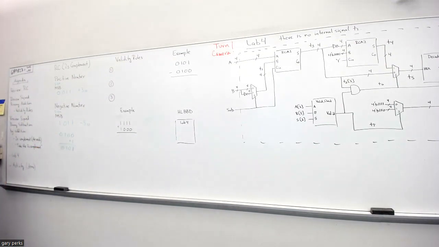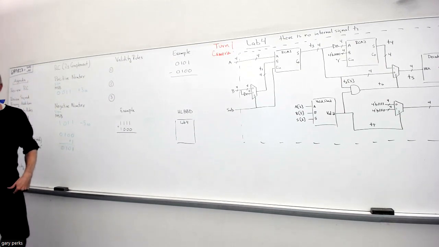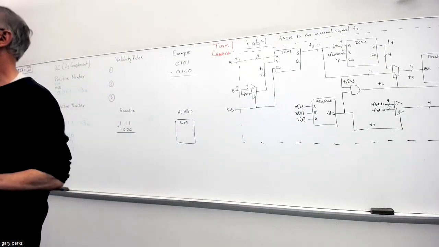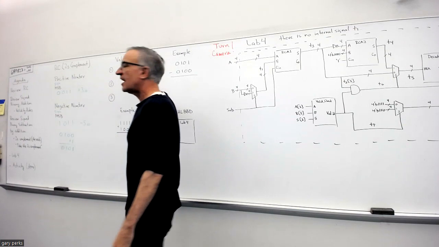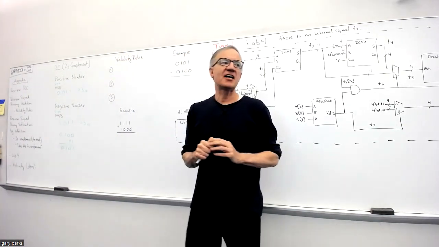Okay. So everybody okay up to this point? Okay, we covered this. You did a bunch of problems, right? Now, also, when we do signed binary addition, or signed binary subtraction by addition, you always have to check your answer to make sure it's valid.